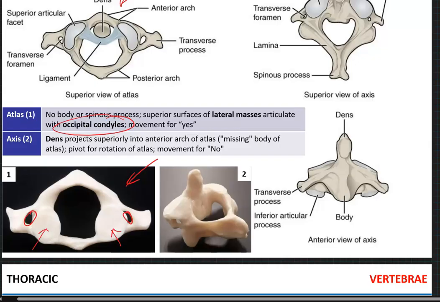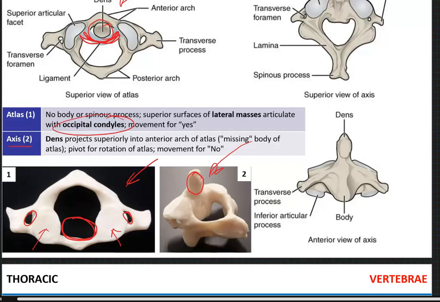Now, this number 2 is the axis, the second cervical vertebra. This extension, called dens, sticks in this space in the first cervical vertebra, the atlas, effectively becoming a body for it. And then there is this ligament here called the annular ligament.